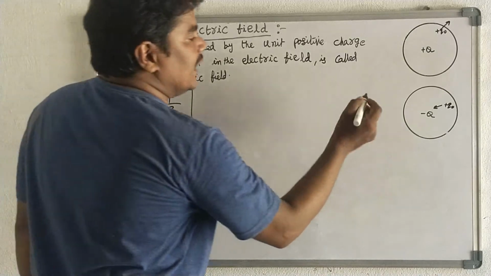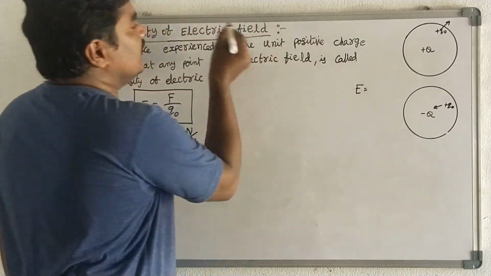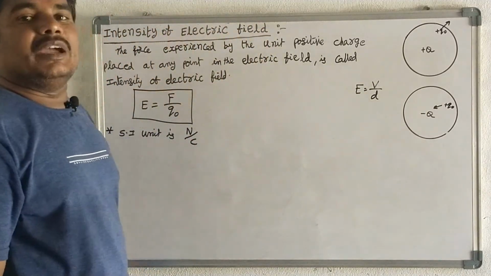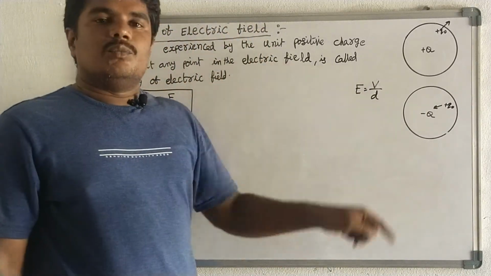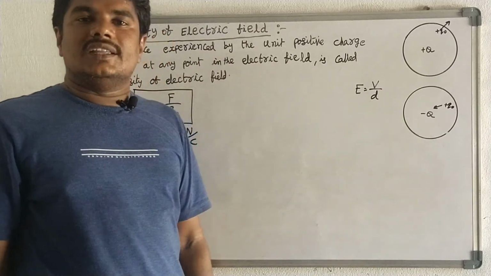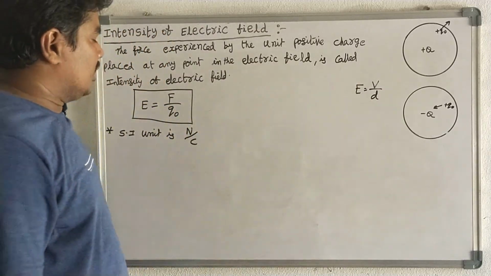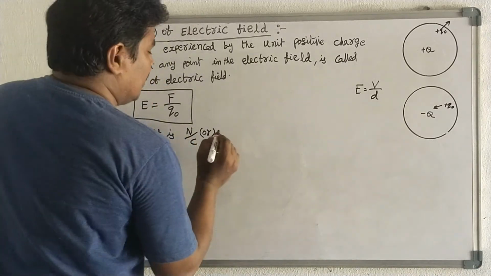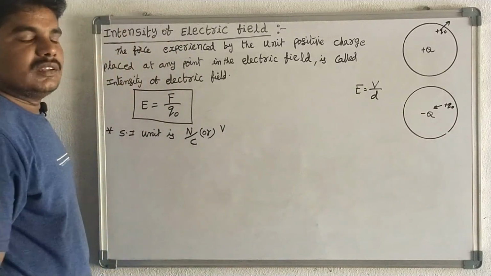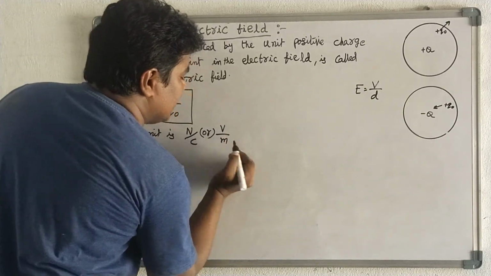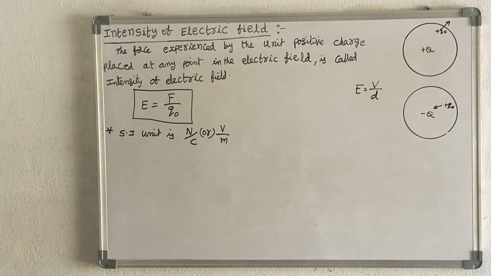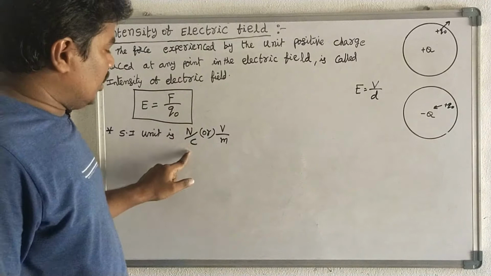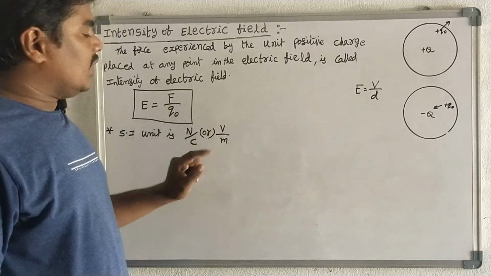There is another formula for intensity of electric field, that is E is equal to V by D, where V is potential and D is distance. For potential the unit is volt, for distance the unit is meter, so volt per meter. So the SI unit of intensity of electric field is Newton per coulomb or volt per meter.